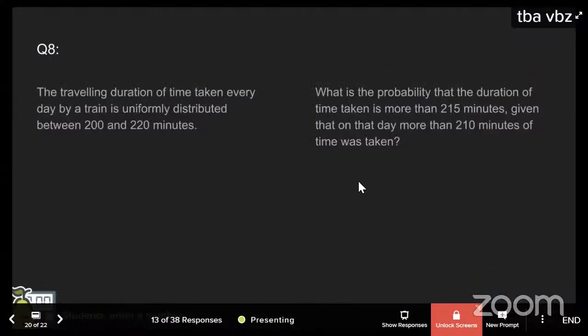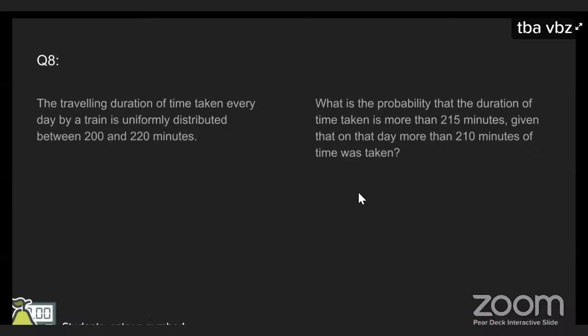Okay, sir, so conditional, please explain how to go about this. Yeah, we will come to it. Okay, see, so here this information is given to you, right? And you need to find that your random variable x takes the value greater than 215, given it is greater than 210, right?